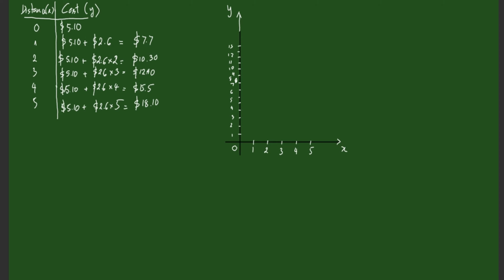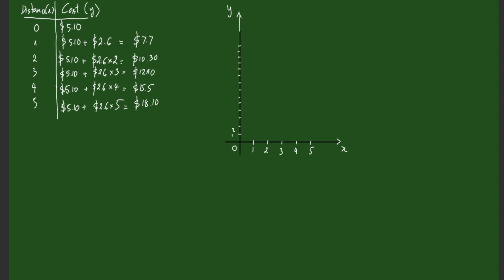So let's erase that and put the numbers again. It's easy, but it just took a little bit of time. So over here is 2.